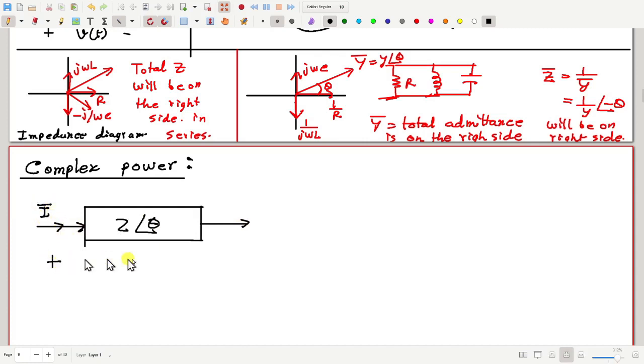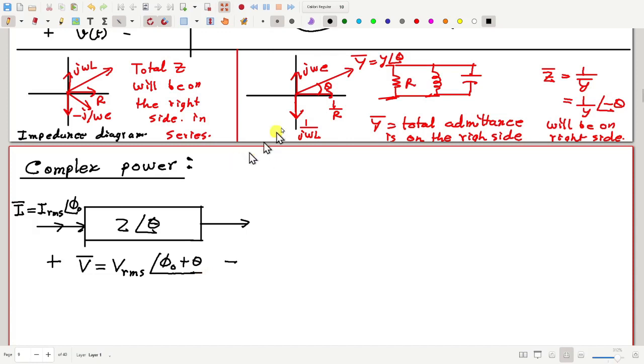So this is I, this is V. Suppose I is equal to Irms with an angle of phi naught, some arbitrary angle, and then the V phasor value will be of this form: Vrms at angle phi naught plus theta.